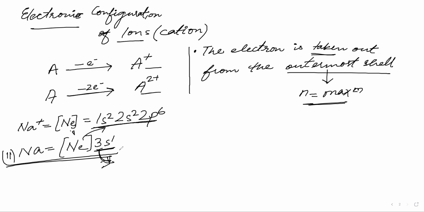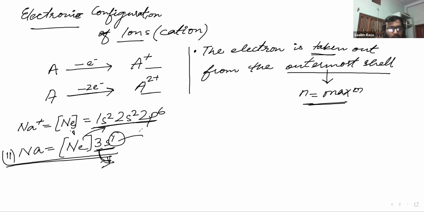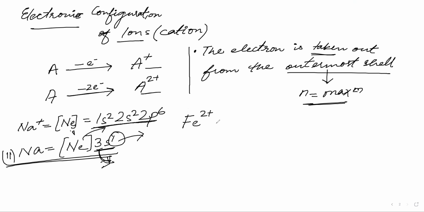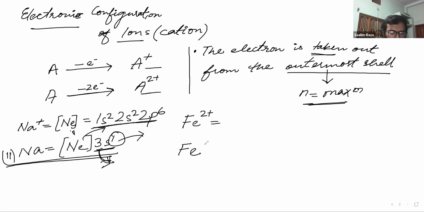This is the outermost shell, and this is the electron which is taken out, right? Correct or not? Now do some examples for Fe2 plus. What is the atomic number of Fe? It is 26. So how will we write it?